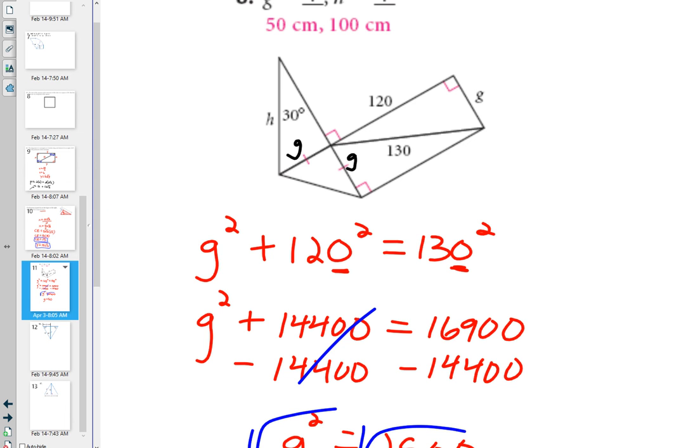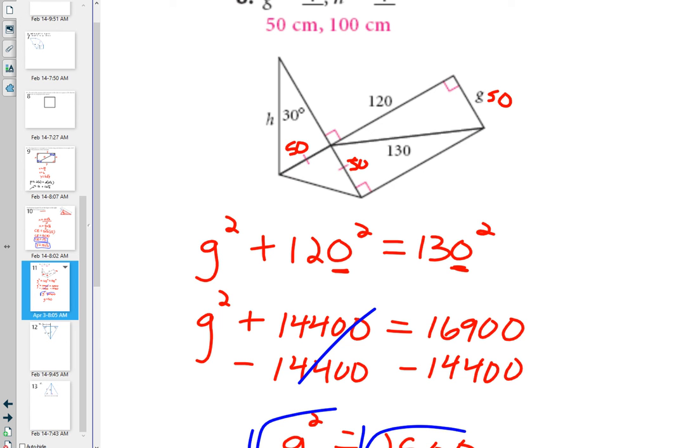So we got G already, which means that if we work our way around, this ends up being 50 units. It looks like they have it in centimeters there, but that's from the answer key. What leg is that acting as in the 30, 60, 90? G is 50. That means this is 50, which means that's 50 there also.